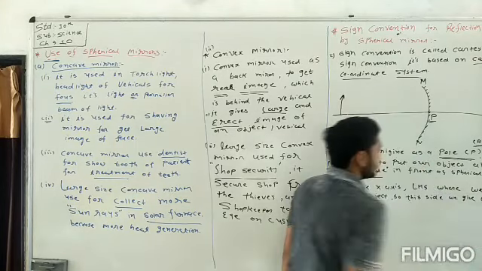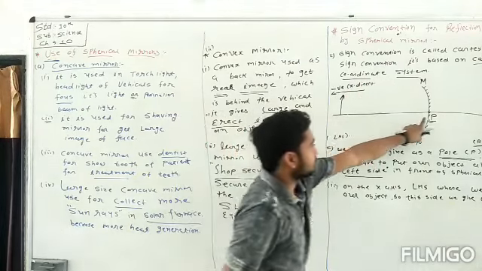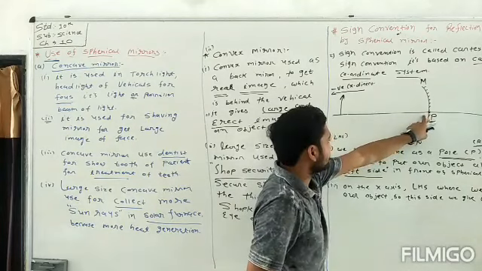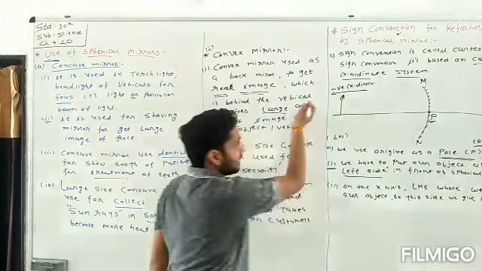So this side is negative x direction, negative x direction from origin or pole P, and vice versa.